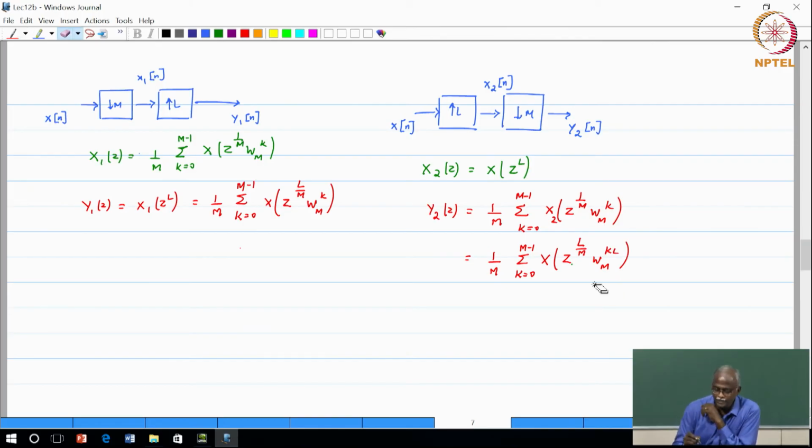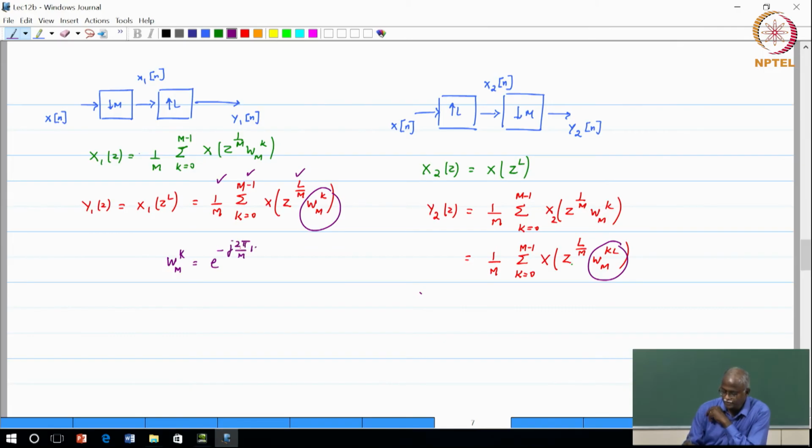So, let us do a comparison. 1 over M is present on both sides, the summation is present, z power L over M is present. The only thing that is different is the shifts. So, what are these shifts? W_M^k basically corresponds to e power minus j 2 pi over M times k, for k equal to 0, 1 all the way to M minus 1.